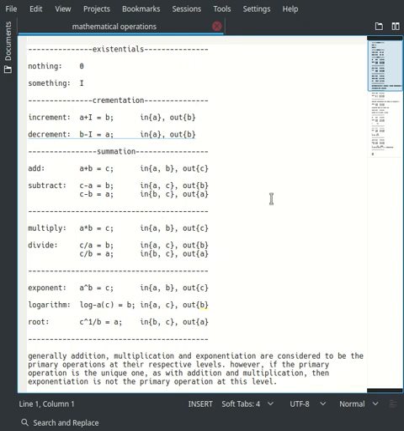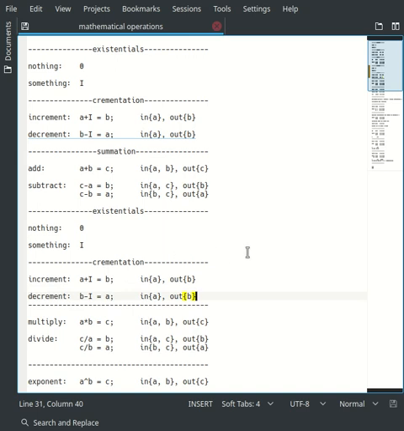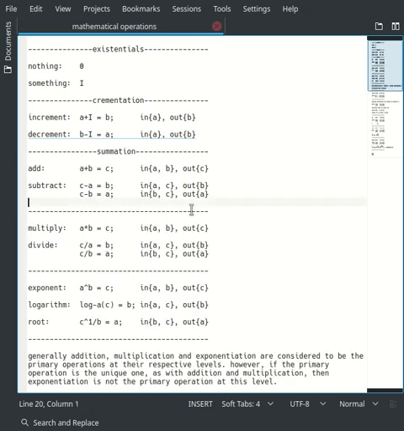Now, when we go over to exponentiation, the hell just happened? When we go over to exponentiation, the story changes. All right, we take exponentiation to be the base operation. So we get A to the B is C, input A and B, output C. Now, this version of it here should be our first inverse, where we put in A and C and we get out B, and that is logarithms.